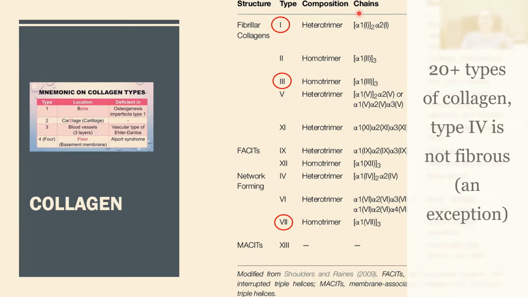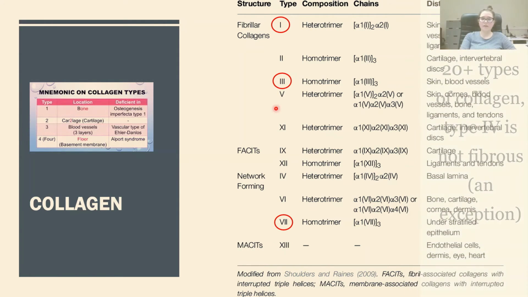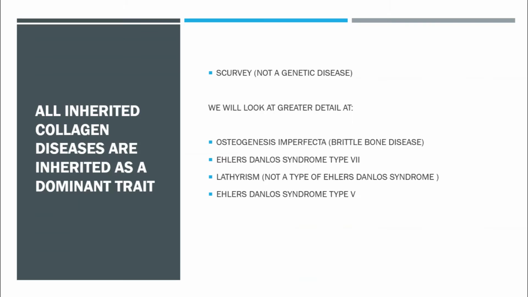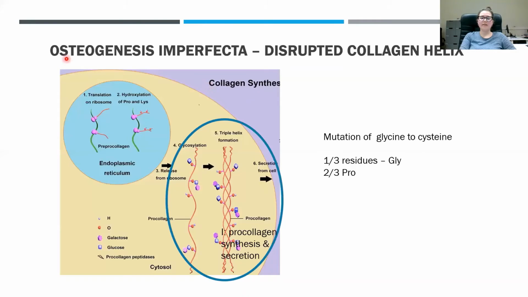There are many types of collagens, and they are made of different genes, so a mutation in any of the genes can cause abnormalities in all of these tissues and organs. The second disorder after scurvy is osteogenesis imperfecta, caused by mutation of glycine to cysteine.